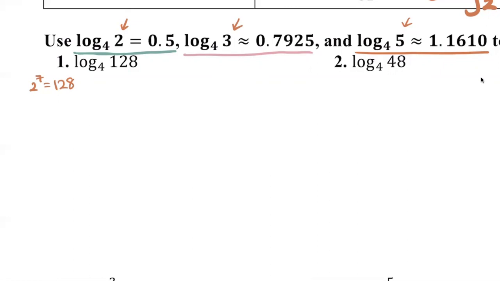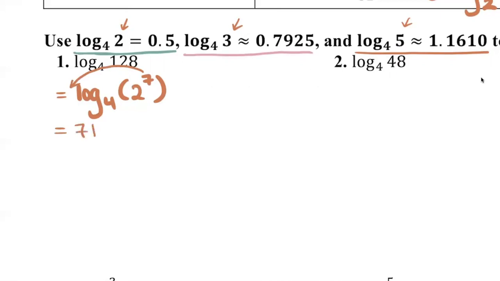So I'm going to replace 128 with 2 to the 7th. All right. Now with our third property, I can bring that 7 down to be 7 times log base 4 of 2.